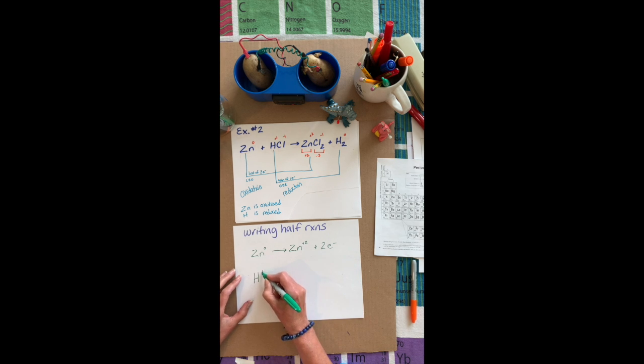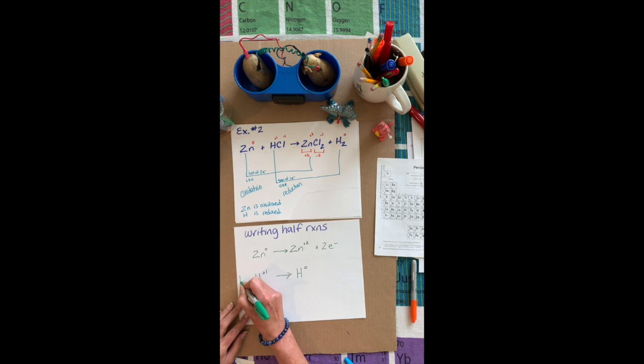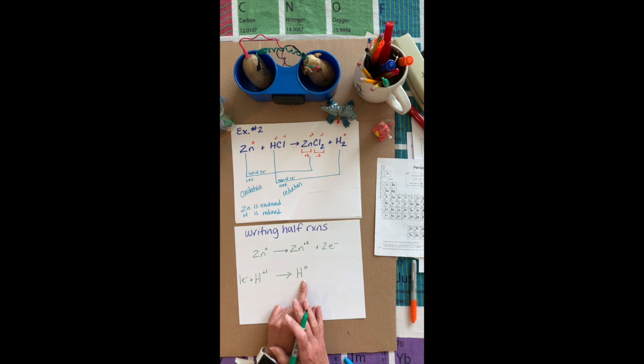Our hydrogen plus 1 became hydrogen 0. How did it do that? It gained 1 electron. 1 electron was gained by this hydrogen to become that hydrogen.